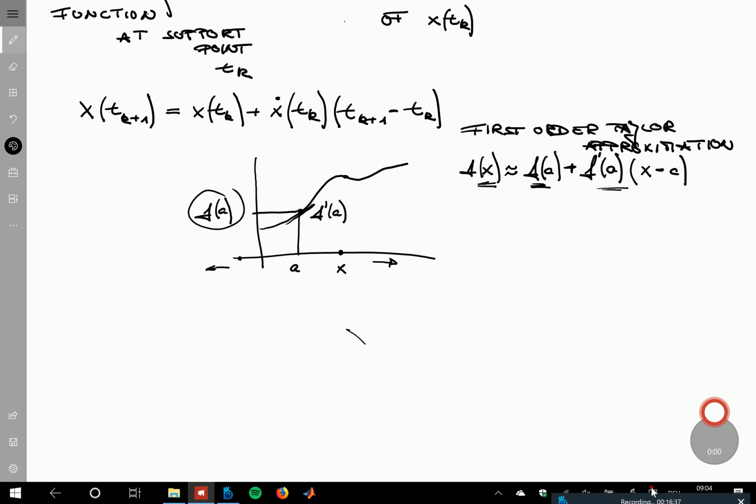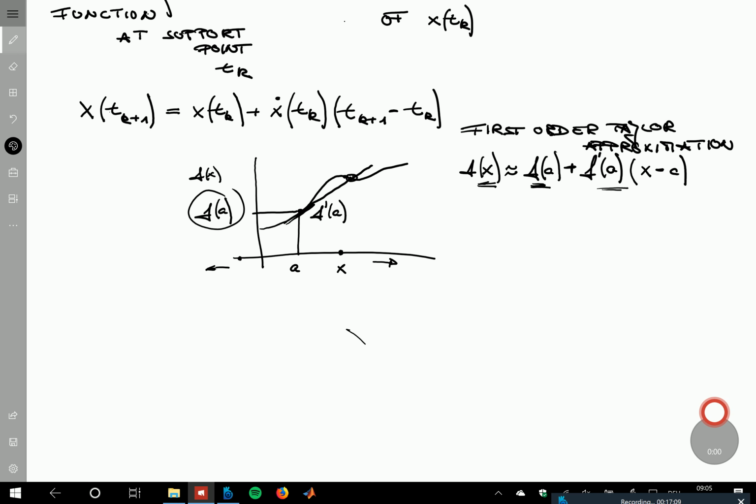If, for example, we have our x here, we basically just multiply the difference x minus a times the slope that we have in this point, and we'll get roughly something like this. So this will be our approximation of f(x) based on a first order Taylor approximation.